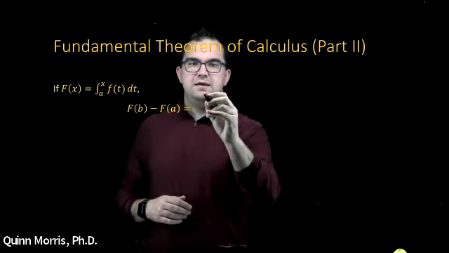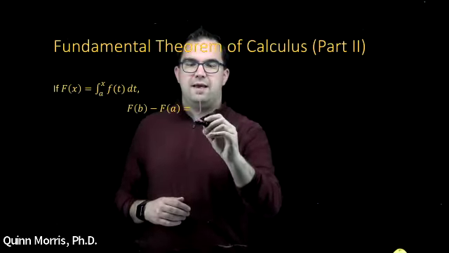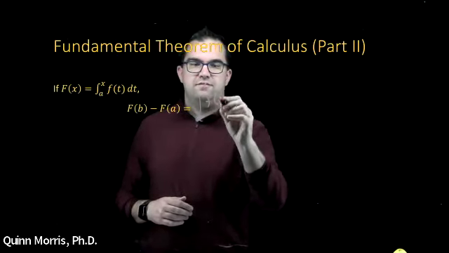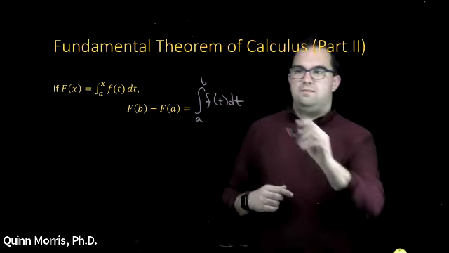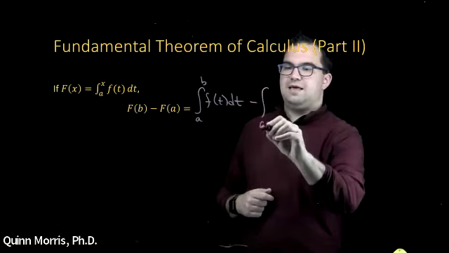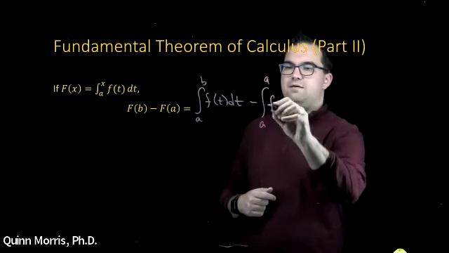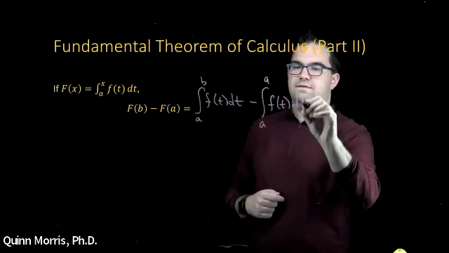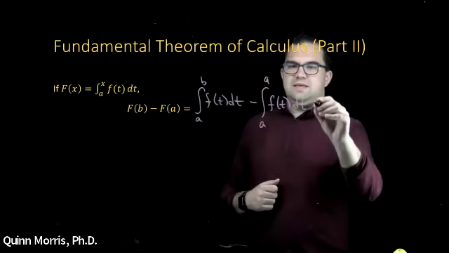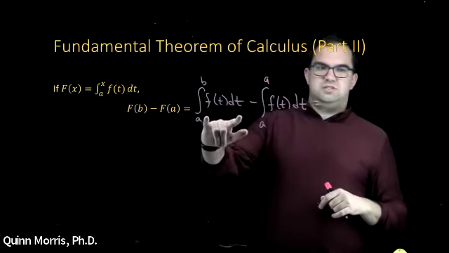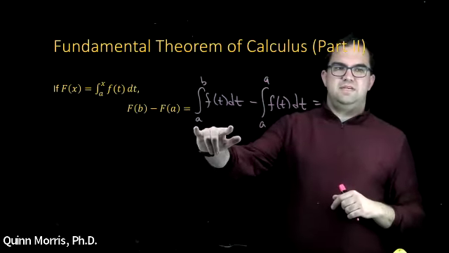Capital F of b would be the integral from a to b of f of t dt. And then minus capital F of a, that would be the integral from a to a of little f of t dt. Now, if I look at these, this first one is just the integral from a to b of f of t dt.